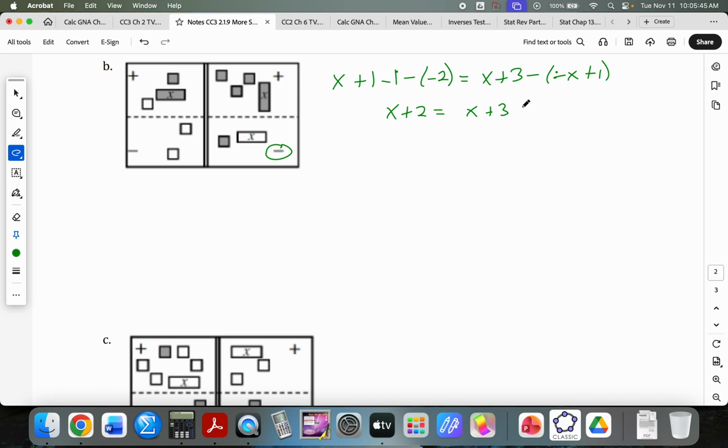So minus the negative x becomes plus x, and minus 1. Simplify before doing 0 pairs. These don't equal. Oh, I beg to differ. Really? Yes, I can make these two equal one another. Absolutely guarantee you.